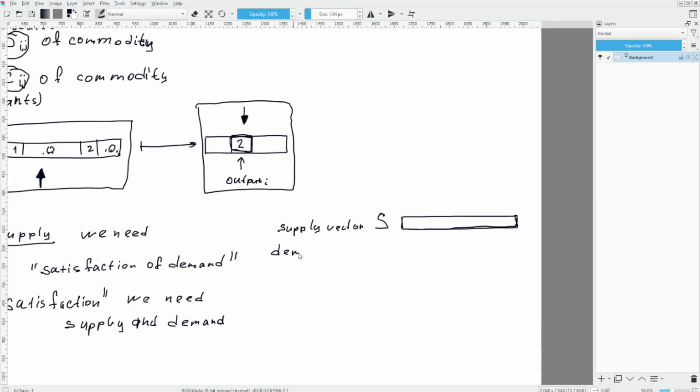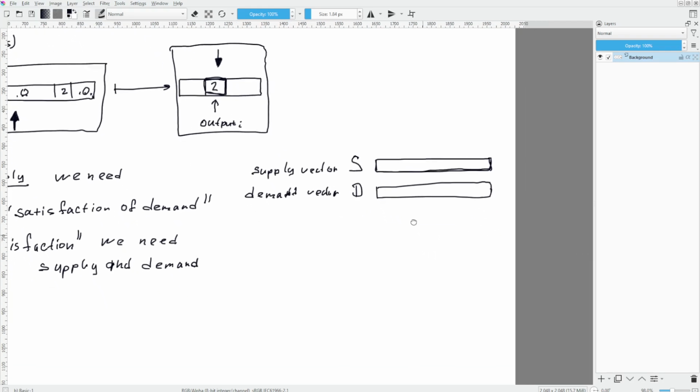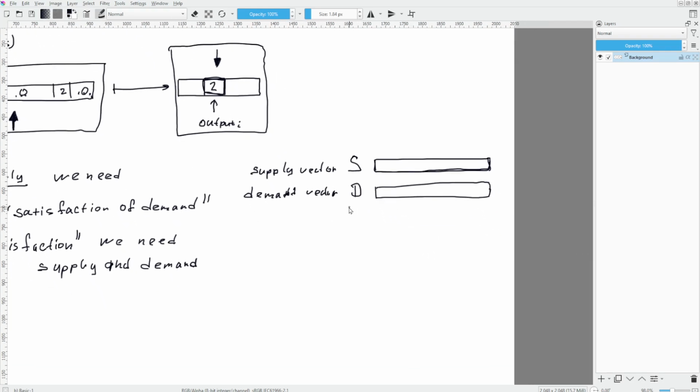And we have a demand vector, D, which shows how many goods we have attempted to buy. From these vectors, we can calculate vectors of satisfaction, right? We need essentially, in the basic form, only demand satisfaction. Let's call it the demand satisfaction vector.